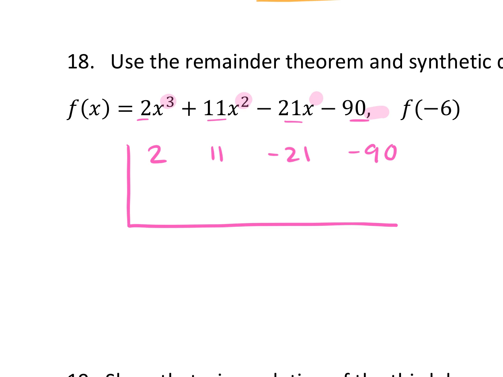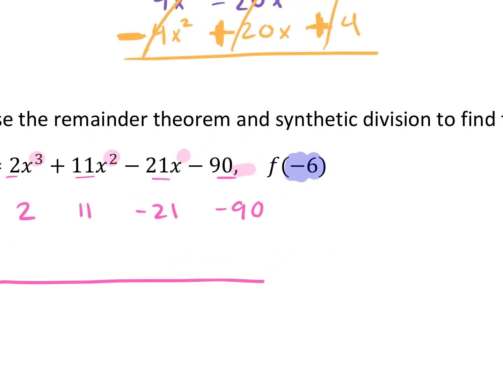What's going to go on the outside? Negative 6. You would only change the sign if it gave you like x minus 6, something like that. Because you want it to be like x equals, so this would be like x would be positive 6. So that's why we would change the sign if it's written like this. But it's telling us that x is negative 6 here.